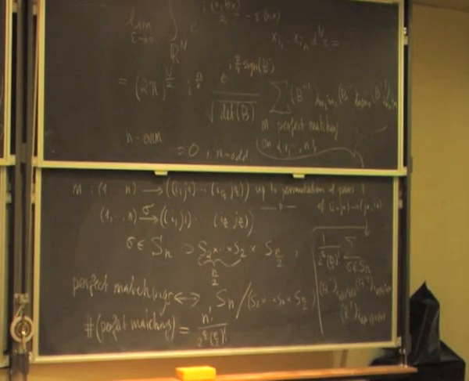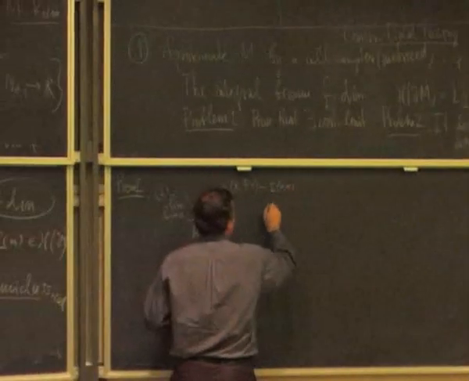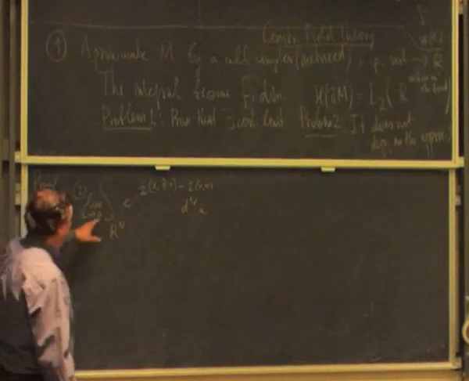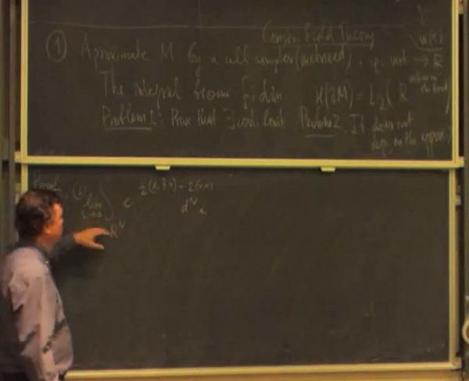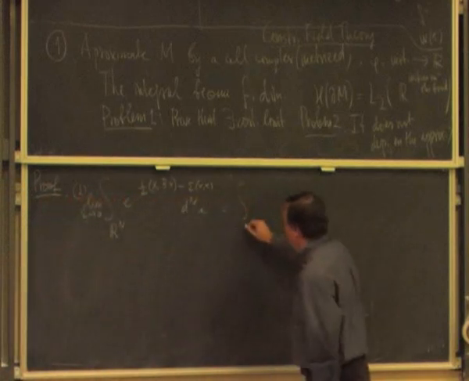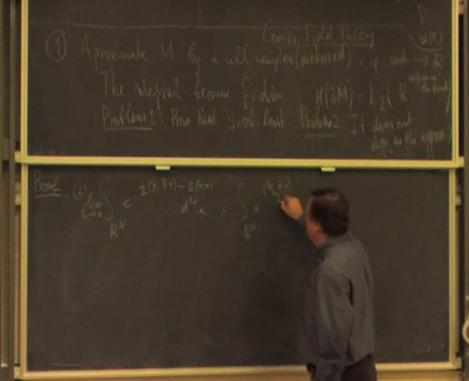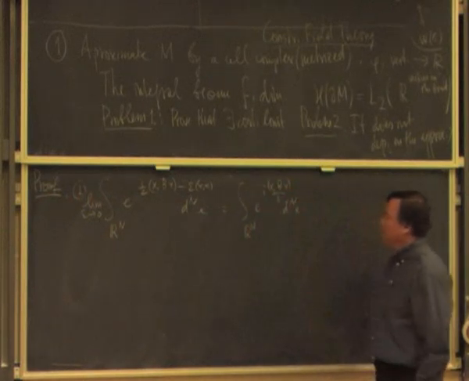So first, let's look at the integral, the limit as epsilon goes to 0 of the integral of e to the i x·Bx over 2 minus epsilon x·x, dx. Well, in this case you can just write it as the conditionally convergent integral of e to the i x·Bx over 2, which is easy to compute.